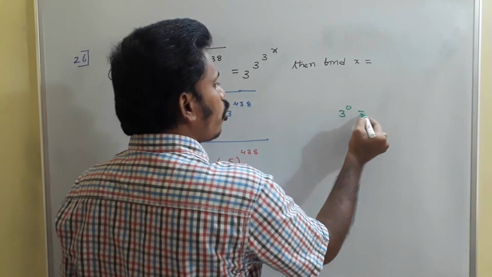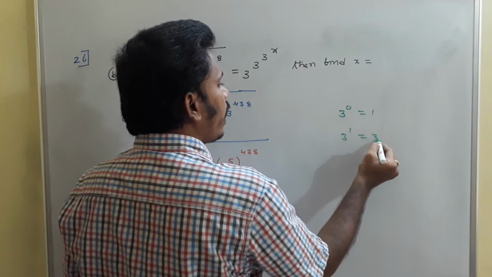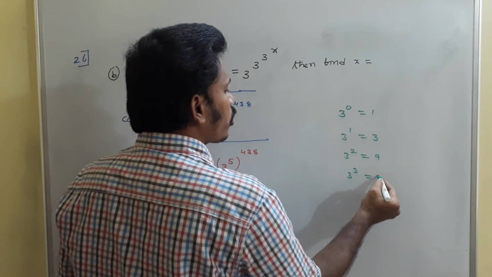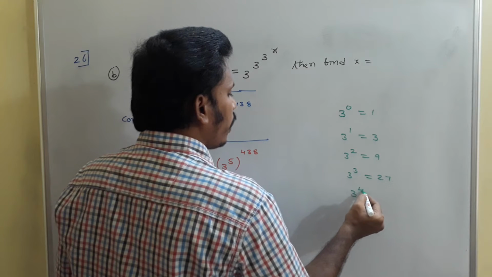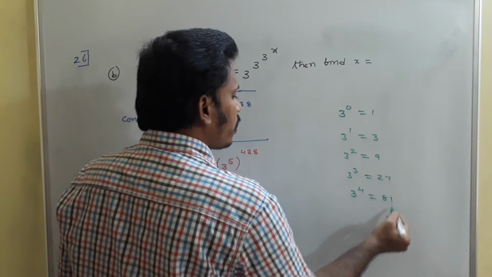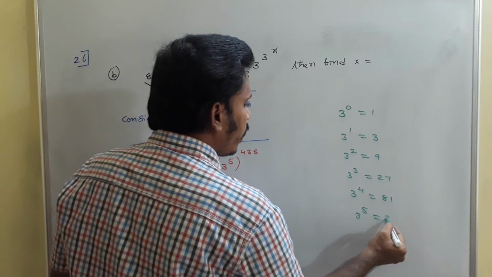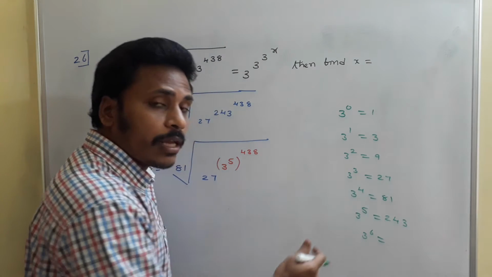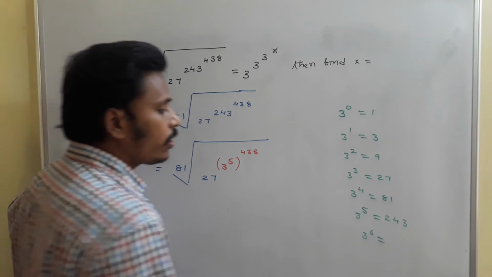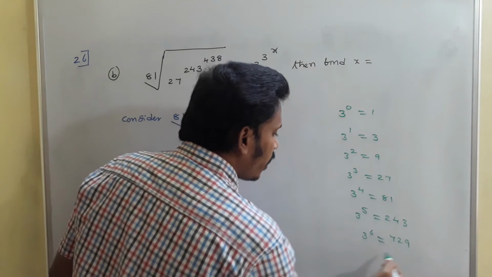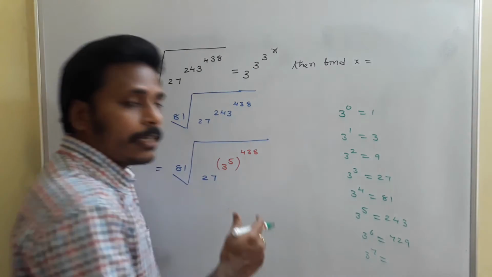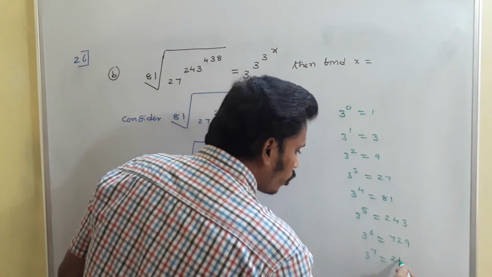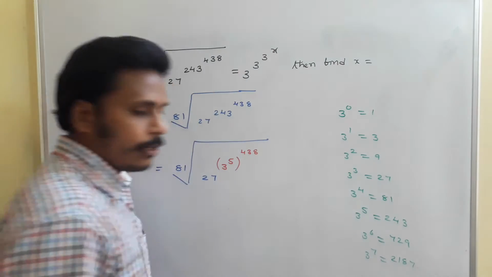3 power 0 value is 1, 3 power 1 value is 3, 3 square value is 9, 3 cube, multiplication of 3 for 3 times, is 27, 3 power 4 is 81, 3 power 5 is 243, 3 power 6, which is multiplication of 3 for 6 times, 243 into 3, is 729, 3 power 7, multiplication of 3 for 7 times, that in turn represents 729 into 3, which is 2187.